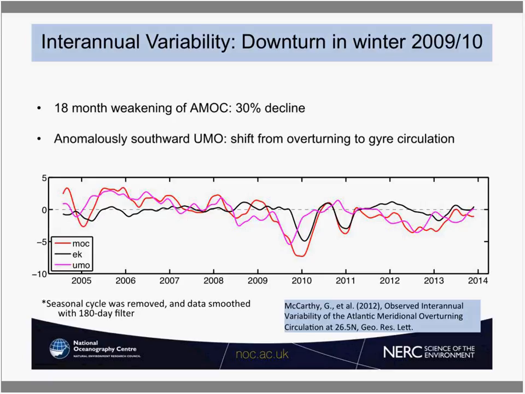There was a negative NAO in the winter of that year, and you can see that in the Ekman transport. So in the winter of 2009-10, there's a sharp drop in the Ekman transport. But in fact, the main driver of it was the upper ocean transport, which had been strengthening southwards much earlier in 2009. So about the Gulf Stream flowing northwards, you've got a very constant Gulf Stream in the Florida Straits flowing northwards.